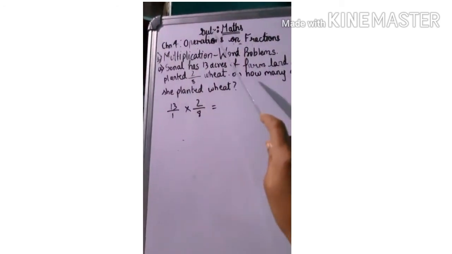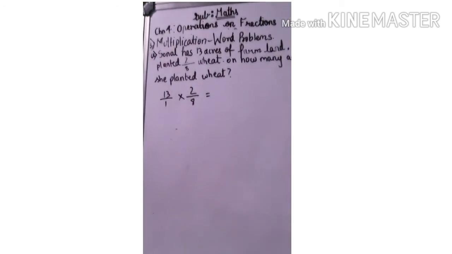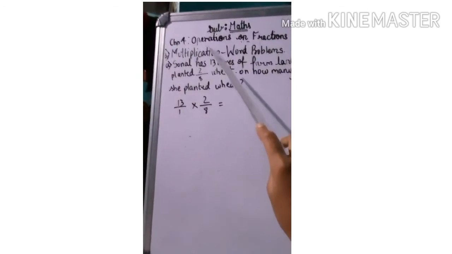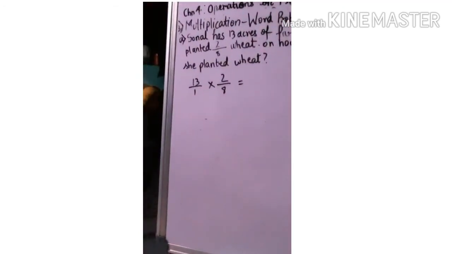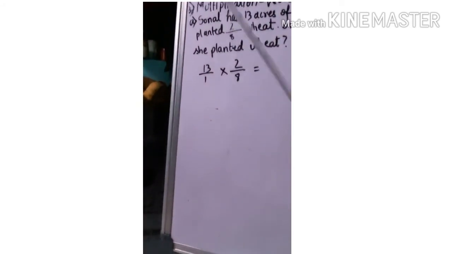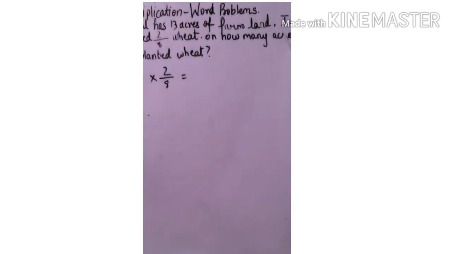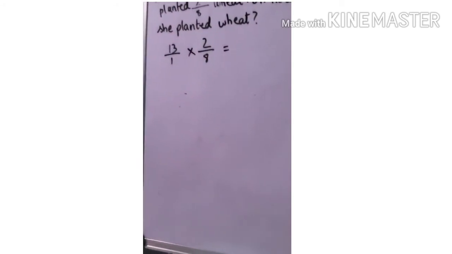Now this is an example of multiplication word problems. Sonal has 13 acres of farmland. If she planted 2 upon 8 wheat, on how many acres did she plant wheat?